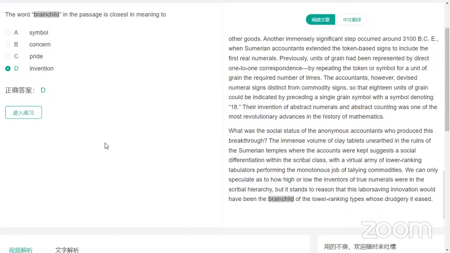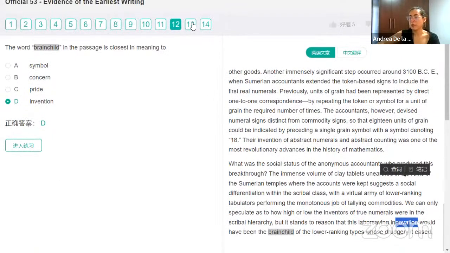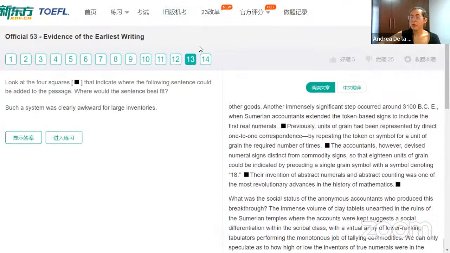Yeah. Invention, in this case. Todo está hablando de invenciones, ¿no? Inventors of the true numerals. And this innovation is the invention and brainchild sí significa invención, descubrimiento. O también puede significar ingenio, el ingenio de ellos.